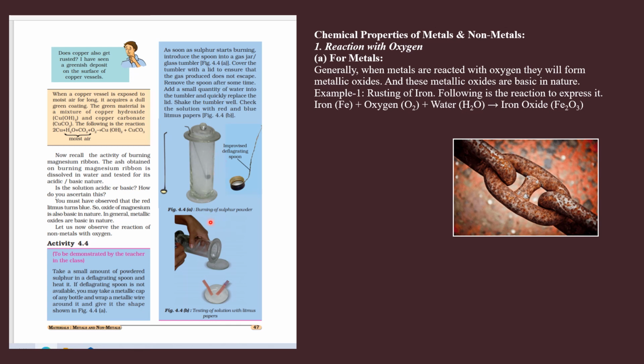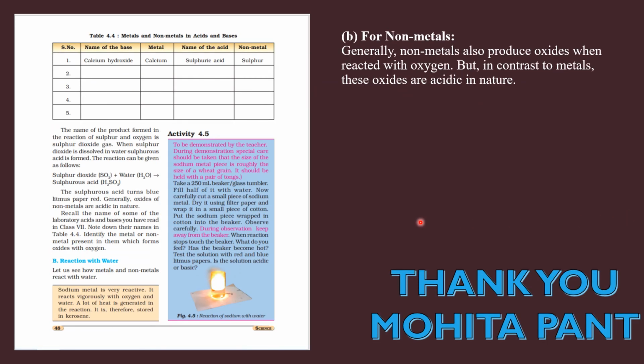So here we are checking the burning of sulfur powder and testing the solution with litmus paper. The product formed by the reaction of sulfur and oxygen is sulfur dioxide.